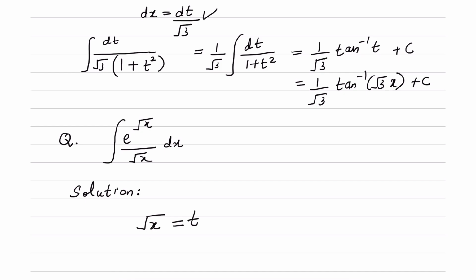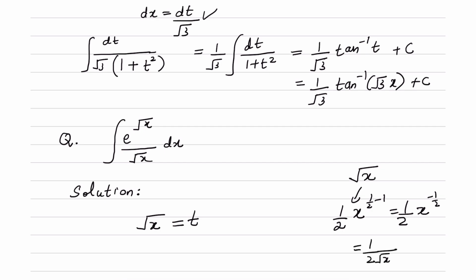But before we make this substitution, we have to think that the derivative of square root x is also here. We know that the derivative of square root x is 1 over 2 x to power 1 by 2 minus 1, which is 1 over 2 x to power minus 1 by 2, which is 1 over 2 square root x.